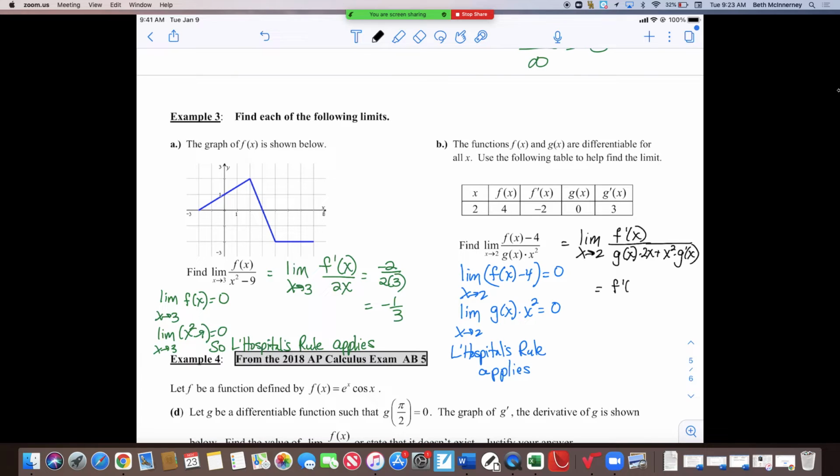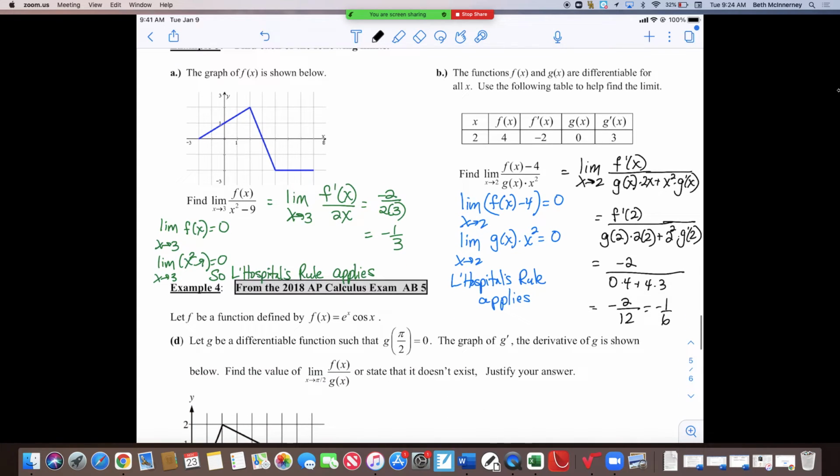That would be f prime of 2 over g of 2 times 2 plus 2 squared times g prime of 2. So that's going to be negative 1/6 when you're all done with that.